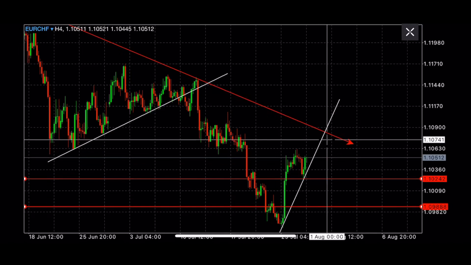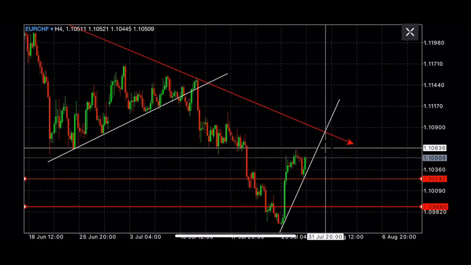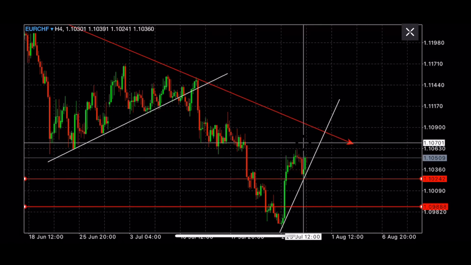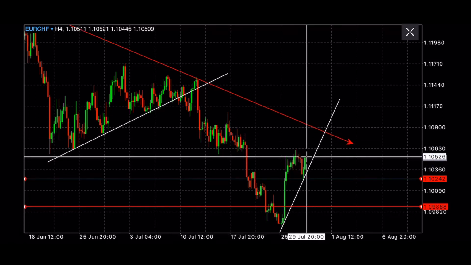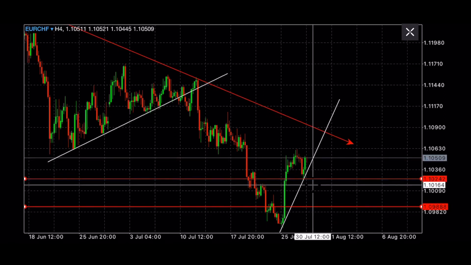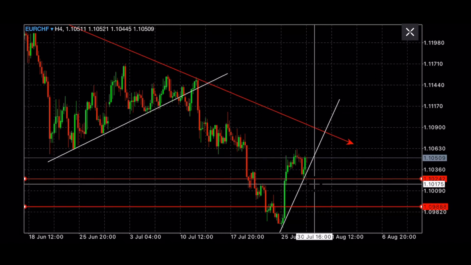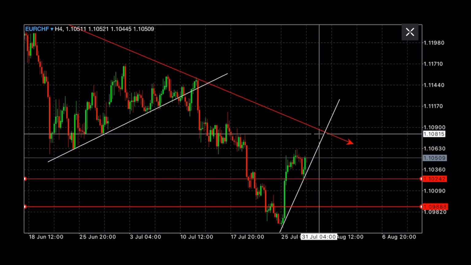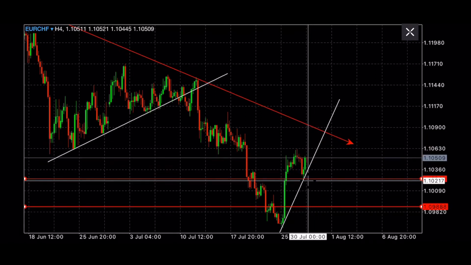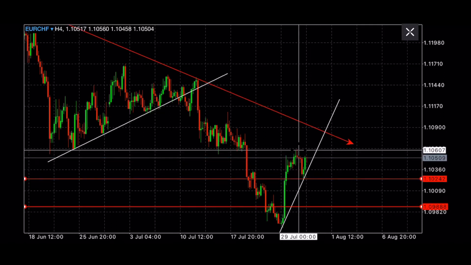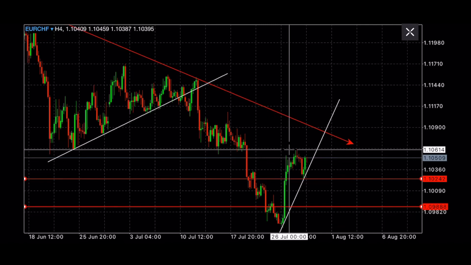Once you're in, when it crosses the reversal line, you know to use the recent high as a stop loss. Should this sell stop order trigger before the price pushes back up, then you're gonna have to put a stop loss at the area of the recent high, which in this case is gonna be here.